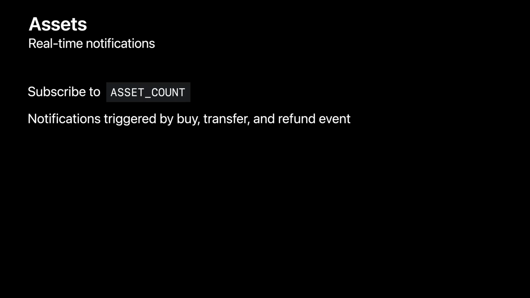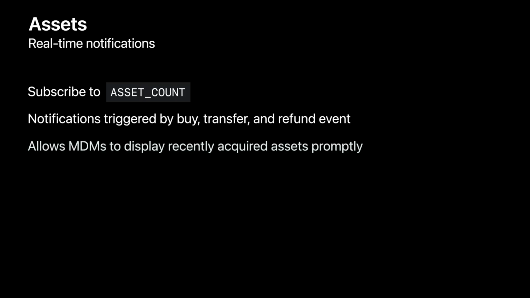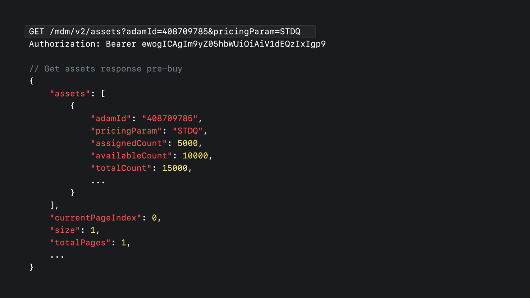These notifications will allow you to quickly provide users with their recently purchased assets. Let's also take a look at an example of this notification with the context of what the state of assets looked like before. To get the current state of assets, we call the getAssets endpoint. This is the new asset sync endpoint, which you can note by both the proper HTTP request method of GET and the versioned URI.